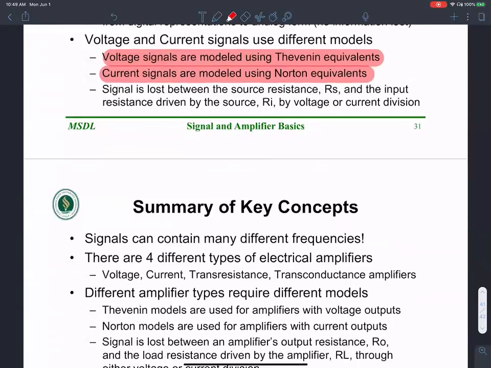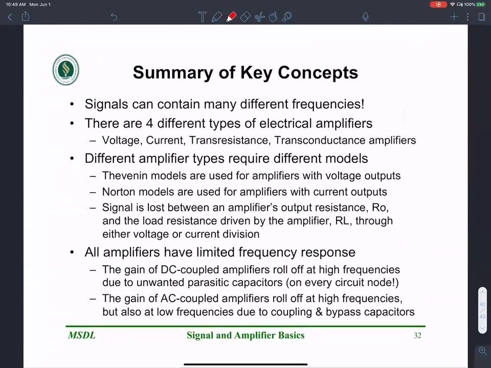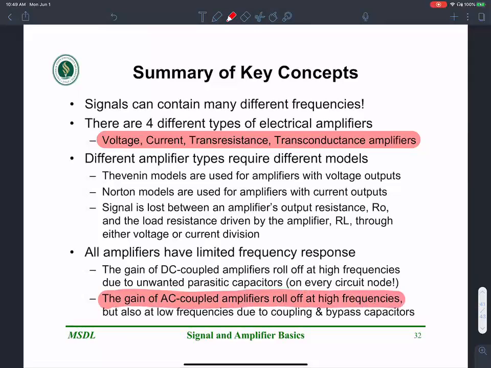Signals can contain many different frequencies. There are 4 different types of electrical amplifiers: voltage, current, transresistance, and transconductance amplifiers. Amplifiers have limited frequency response. The gain of AC coupled amplifiers rolls off at high frequencies, and the gain of DC coupled amplifiers also rolls off at high frequencies due to unwanted parasitic capacitance.